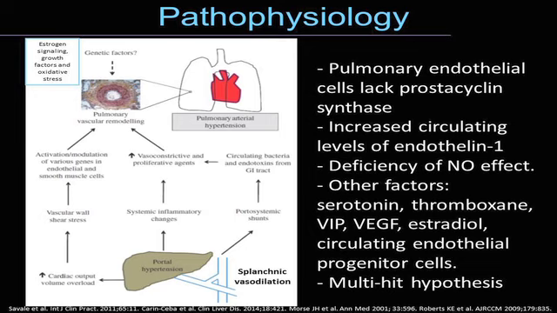Then you also have the splenic vasodilation, and you have the cirrhosis, the portal hypertension. Then you start releasing vasoactive mediators that will dilate the splenic circulation, but will also lower the systemic vascular resistance, so the pressure goes lower in the periphery.